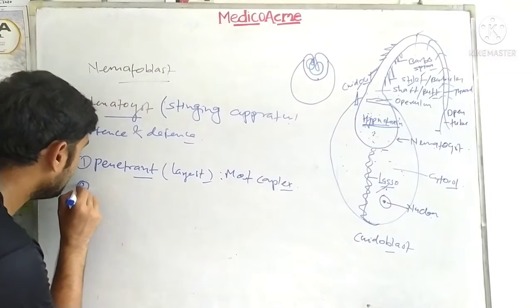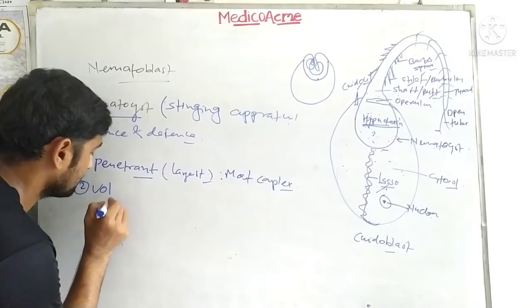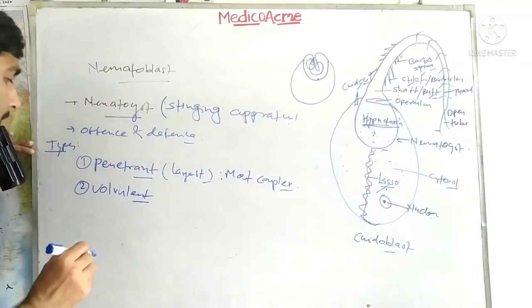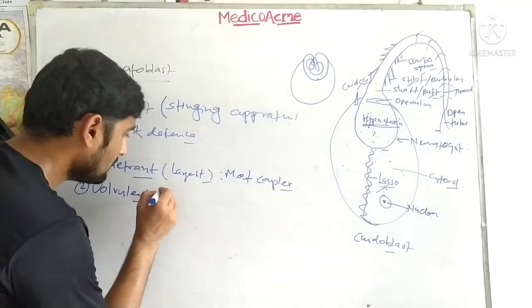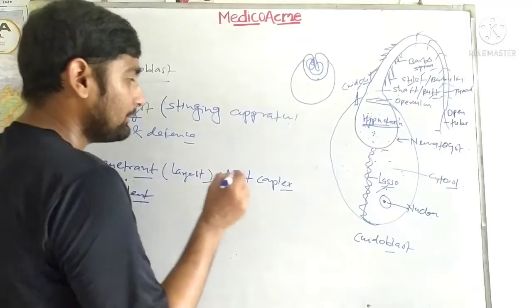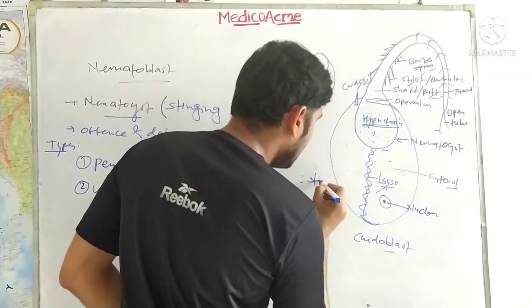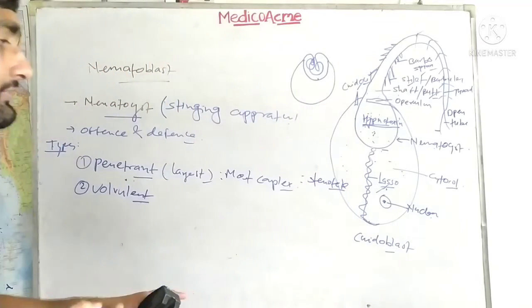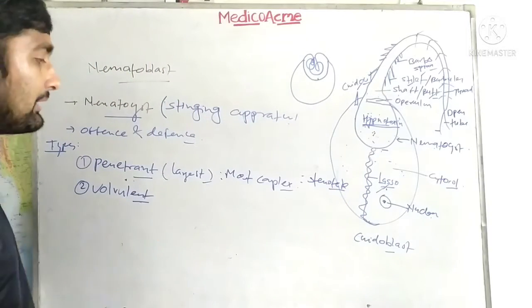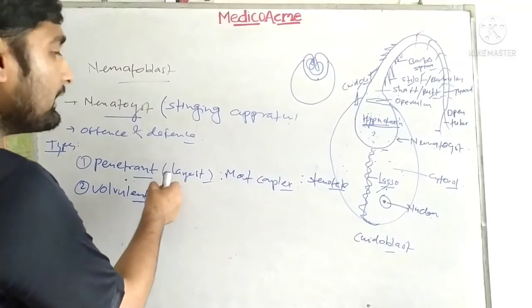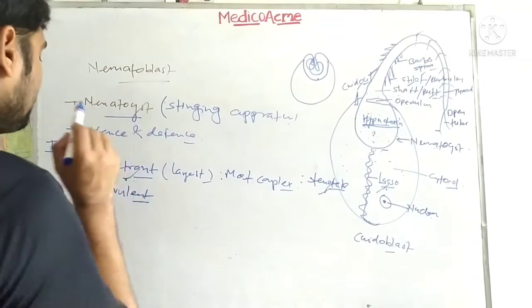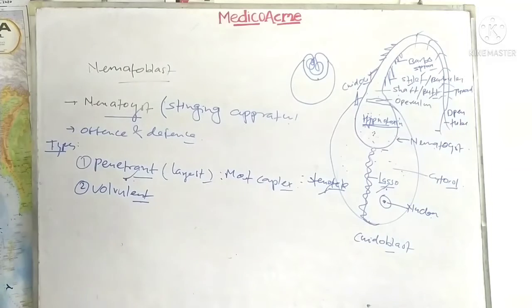The second one will be the volvulent. So guys, penetrants are sometimes known as stenotele. So they will ask you the question, which is the largest nidoblast found in the cnidarians. This will be the answer: the stenotele or the penetrant kind of nidoblast.